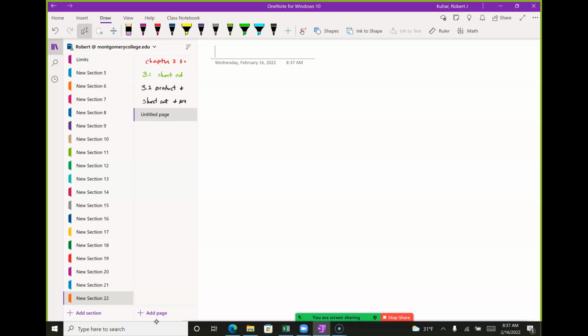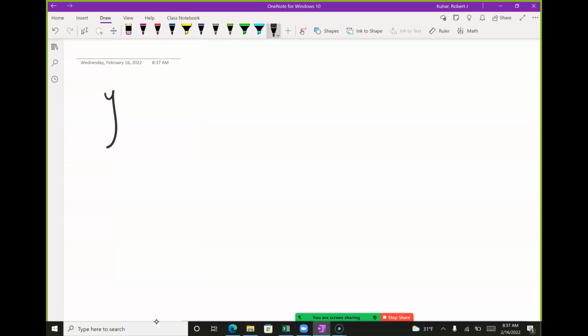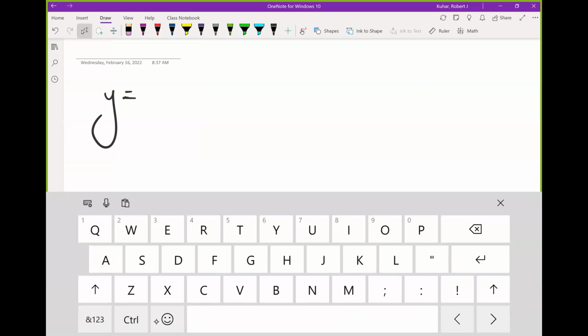Let's do one that's not obvious, right? So I get y equals cos of 2x. Now, we're going to be talking about the chain rule here pretty soon, right? That first Monday after our test.